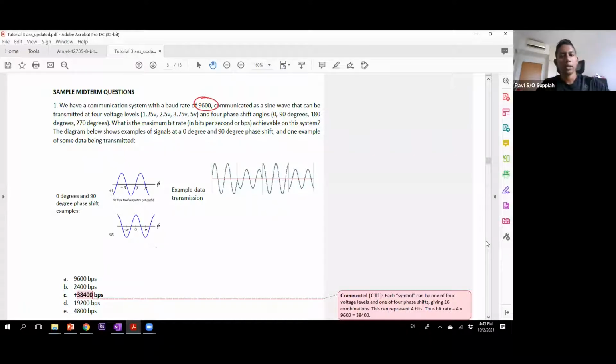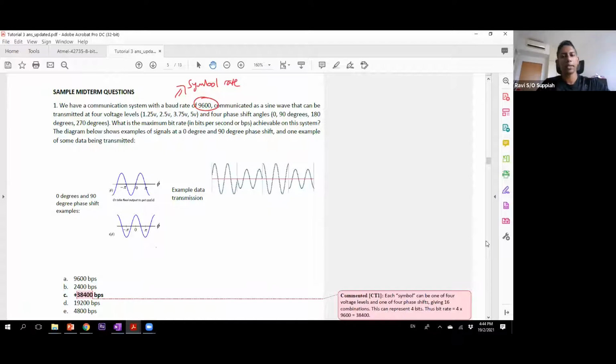So you can see here that this is the part where we say that baud rate is not exactly bit rate. Baud rate is actually what we call a symbol rate, because you are transmitting a symbol which could represent a certain number of bits.